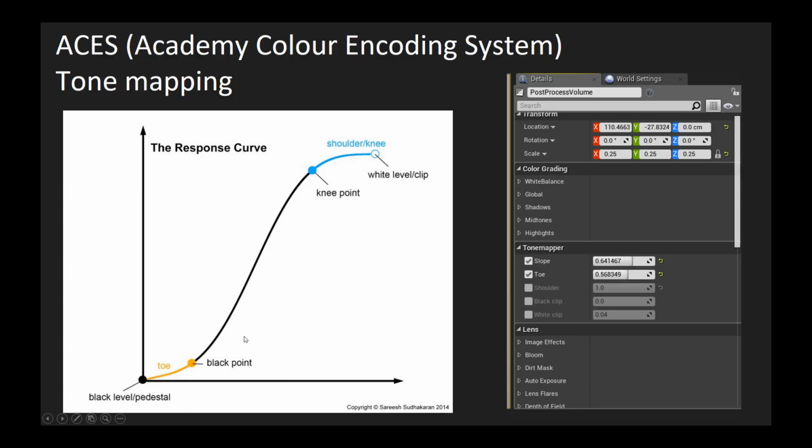The slope is that black line, the angle of that black line. The toe is that here, so how tangent to the horizontal it will be. And the shoulder is the opposite. The white clip and the black clip are things we're very familiar with if you've used levels in Photoshop. And that's it. So that's really, really simple.